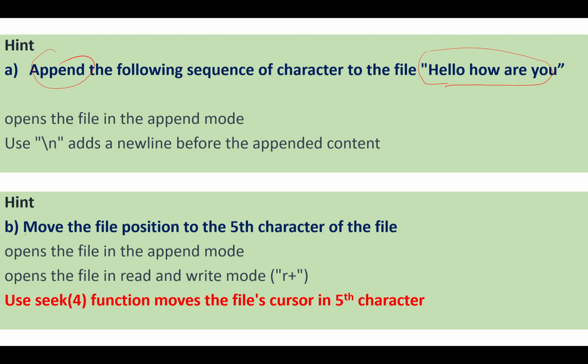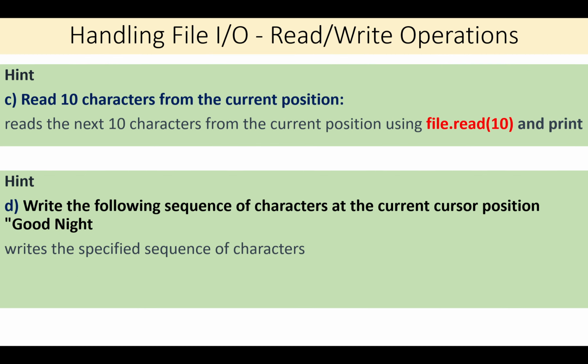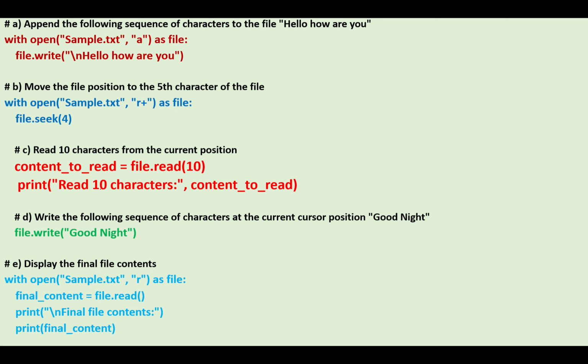So how to append this content in my text file, I will discuss some syntax. These things come on a new line, and we know very well that we have to use backslash n for a new line when appending any content in a text file. So first we go and discuss the first part here. First we are going to use with open, and this is my text file.